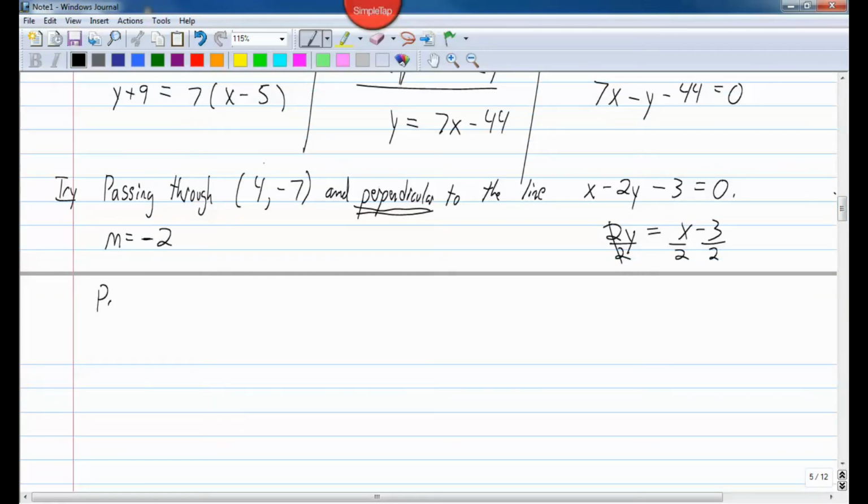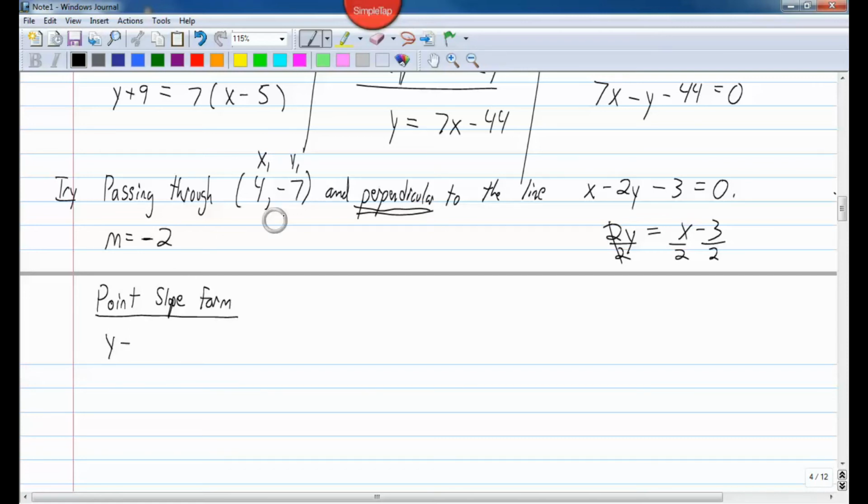Now, if I want my answer in point slope form, that's y minus, well, I didn't label my point, but this is x sub 1 and y sub 1.